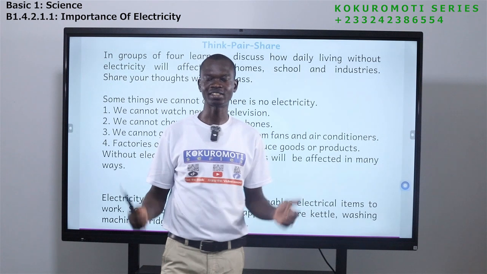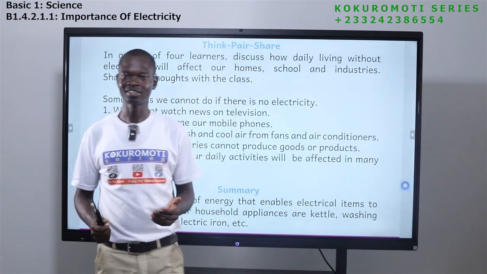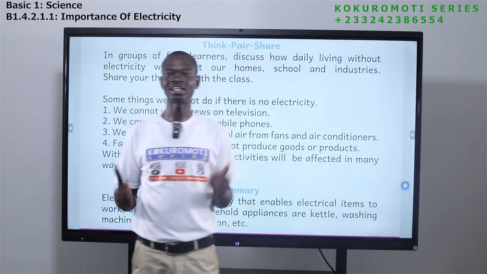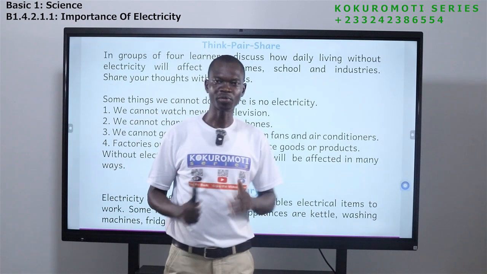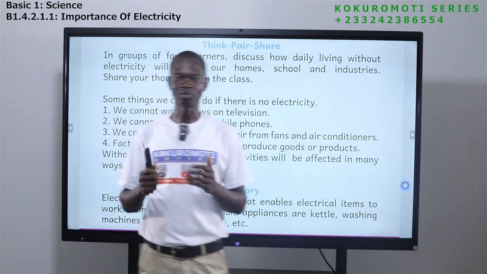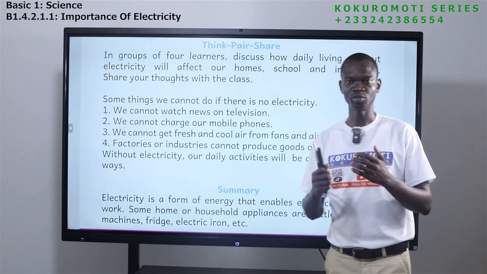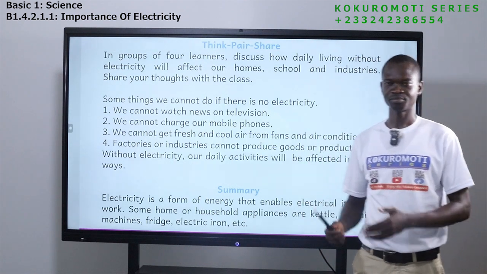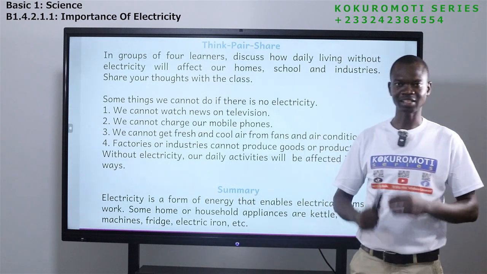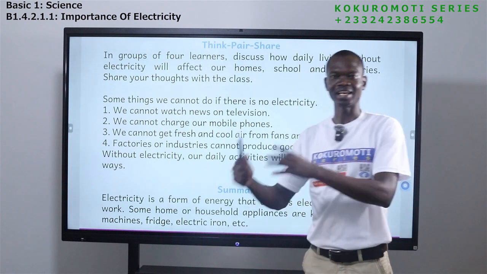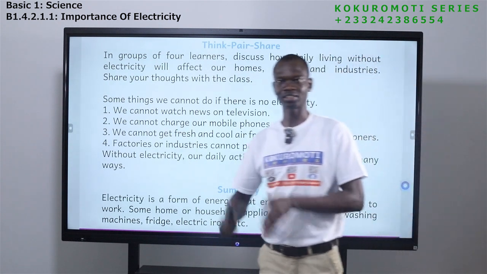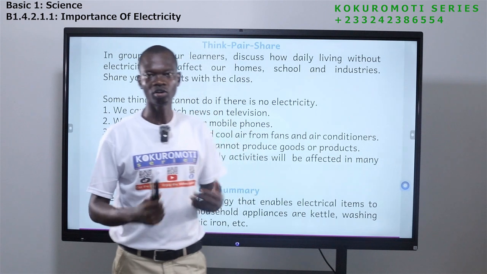So today, our lesson has come to an end. And we always end our lesson with exercises. So what we have learned today is that electricity is important. We use it to do so many things. We have some appliances that use electricity, and there are some appliances that do not use electricity. We have seen all these ones.